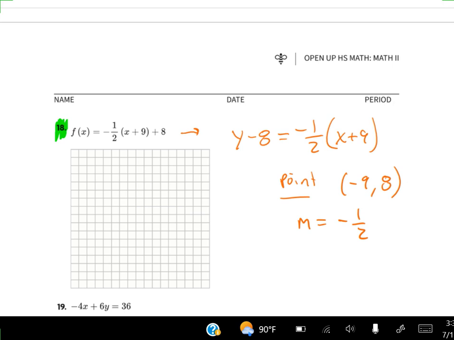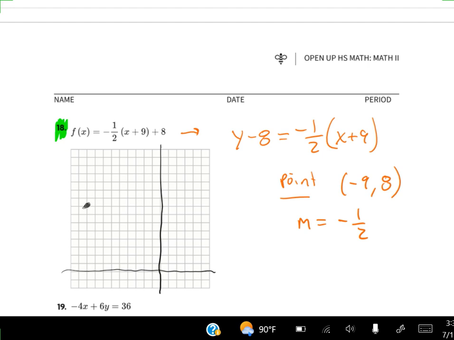So plotting this point, let's see, we want to make sure that it fits here. So negative 9, 1, 2, 3, 4, 5, 6, 7, 8, 9. We're going to say it's about there.